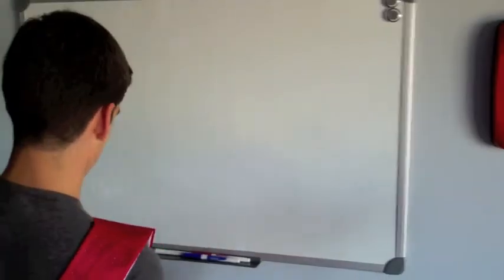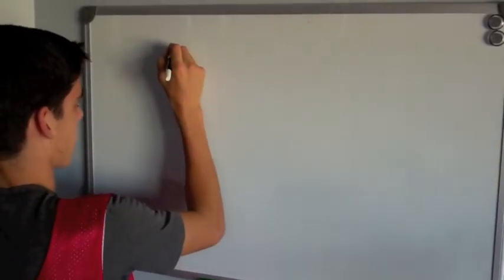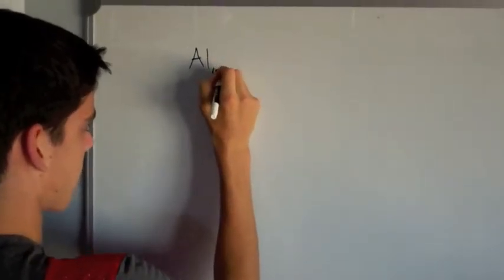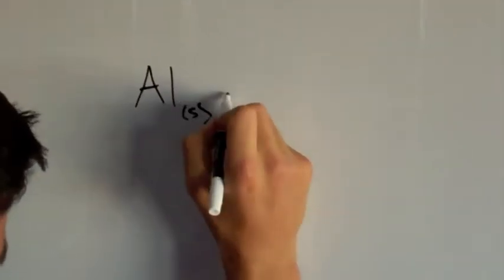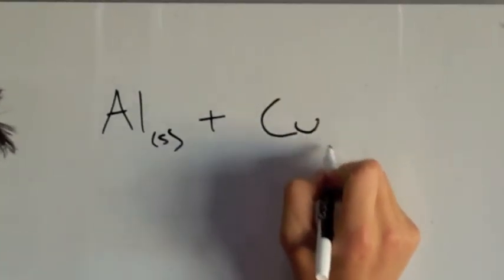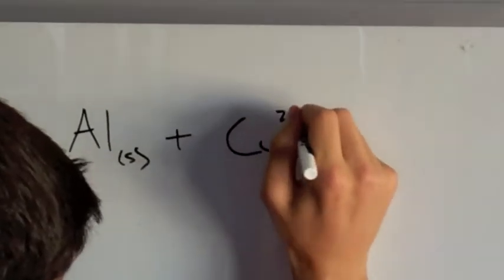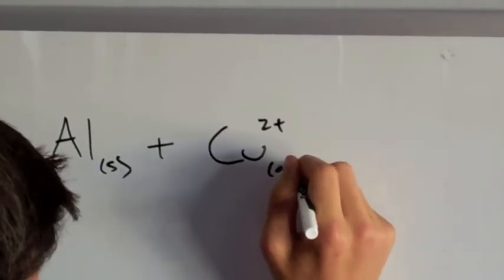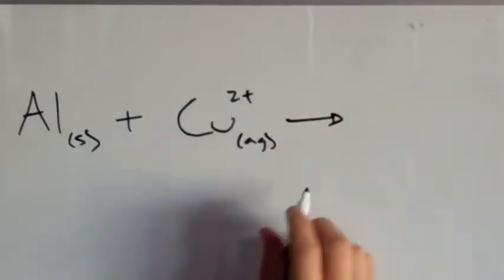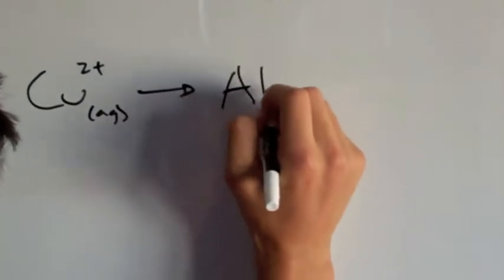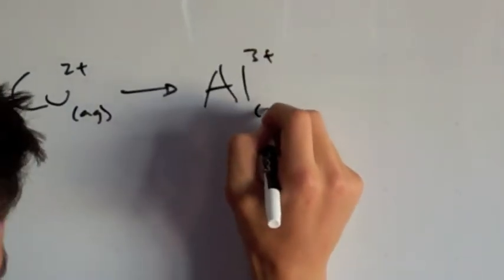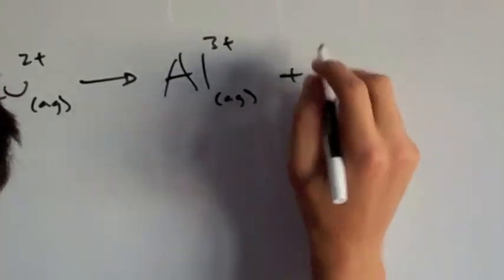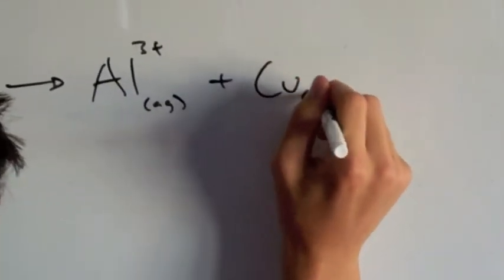Alright, so this is the balanced chemical equation. We're going to have our 2 different metals, aluminum and copper. So we start off with aluminum, that's solid, and then copper 2+, that's aqueous, and that is going to make aluminum 3+, which is aqueous, and copper metal.